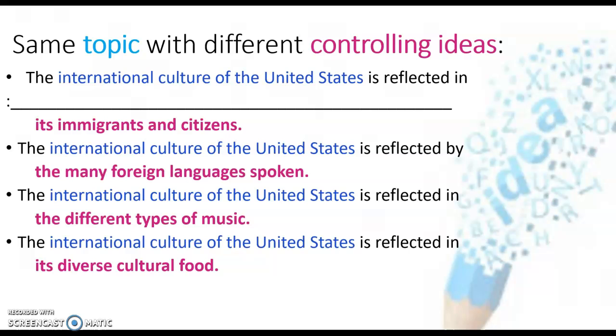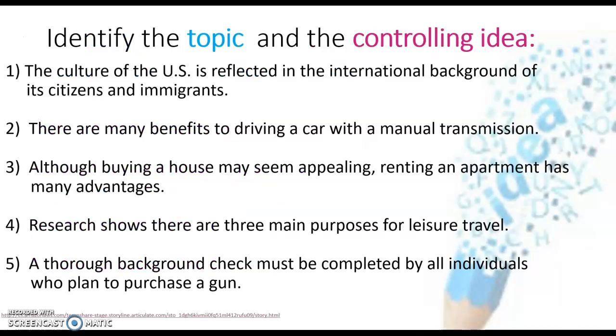And from this example, you can see there is one topic, which is international culture of the United States, and we have different responses. So different students may write about different controlling ideas. I'll give you a few minutes to look at this, and then I'm going to ask you to tell me what are these controlling ideas and what are the topics.